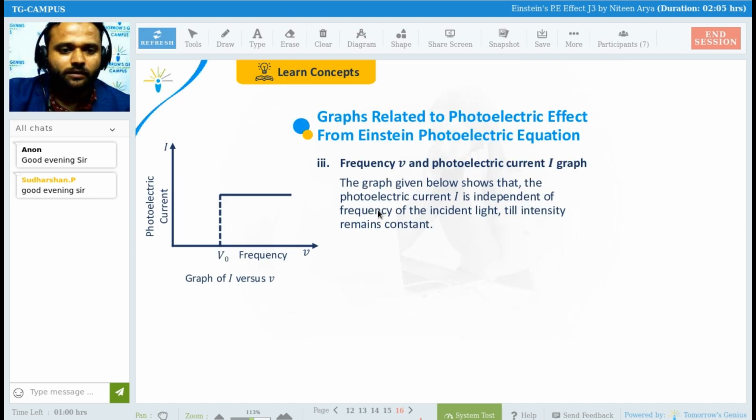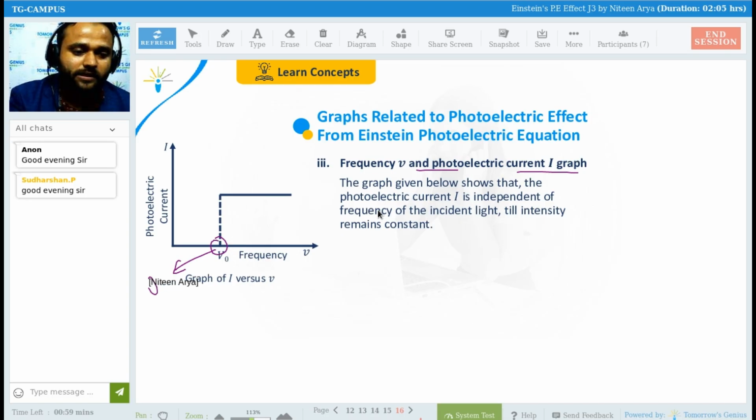Good. Then this is your curve, or relation, between frequency nu and photoelectric current I. Until you reach the threshold frequency, the current is not going to be produced. Obviously it is not going to rise directly like this, but in this range you can get it.